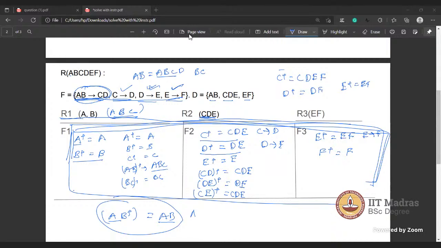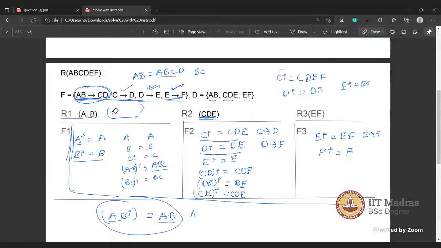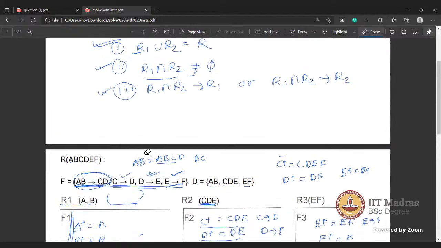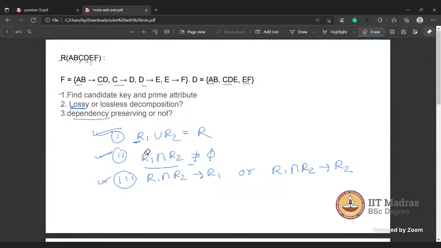So I still have a doubt in the second part. Which part? The second condition, sir, in the above page. Not this intersection part.